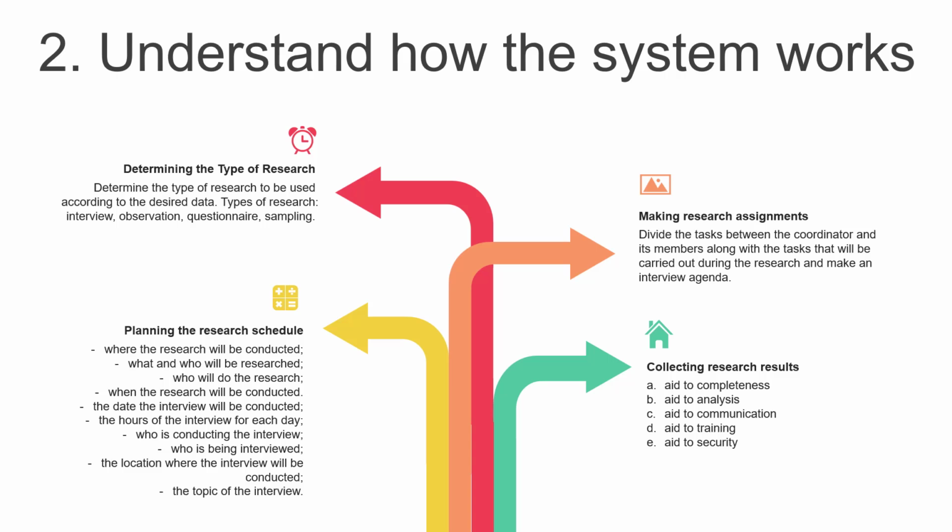The collecting research result has five key parts that we want to achieve the goals: completeness, analysis, communication, training, and also security. These are the five key parts in collecting research results.